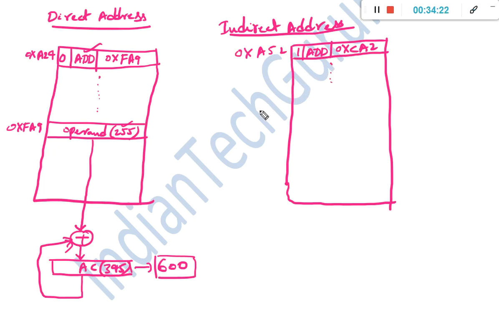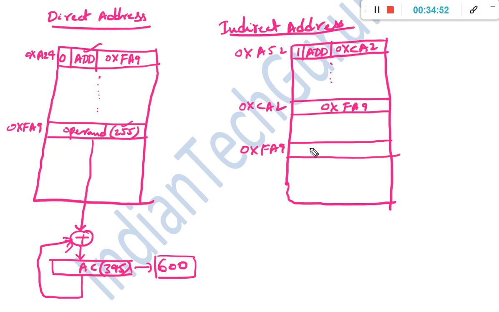Now it is going to fetch 0xCA2. However, in this 0xCA2, instead of the operand, it contains the address of another operand, such as 0xFA9. Now it is going to fetch the operand at 0xFA9. Inside this 0xFA9, the operand resides.